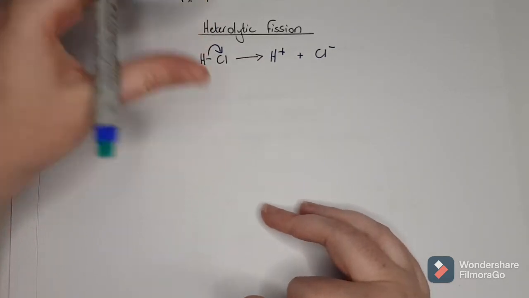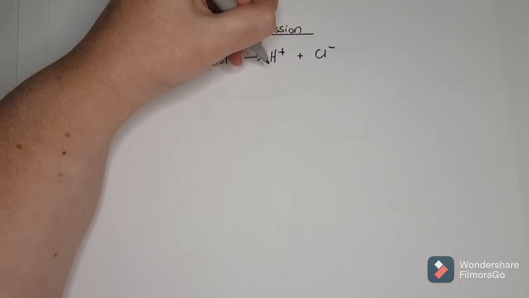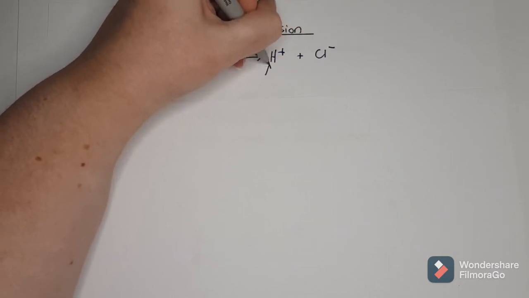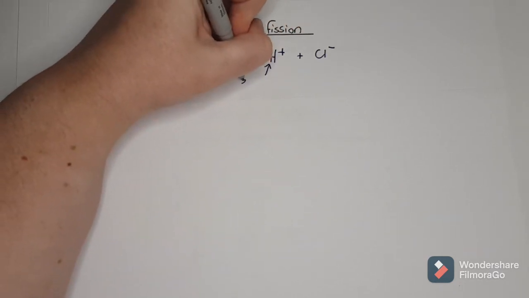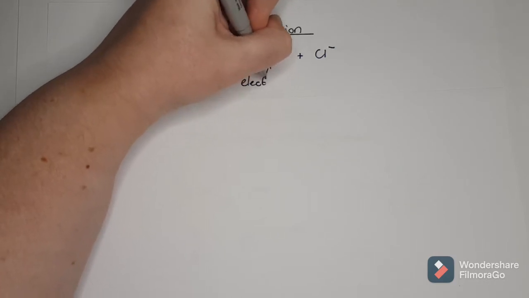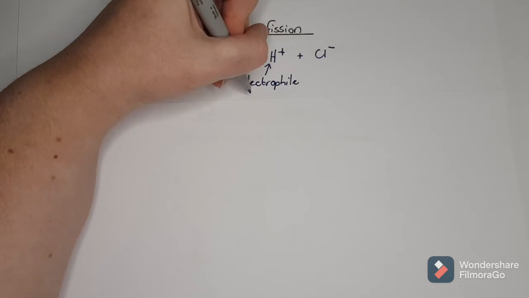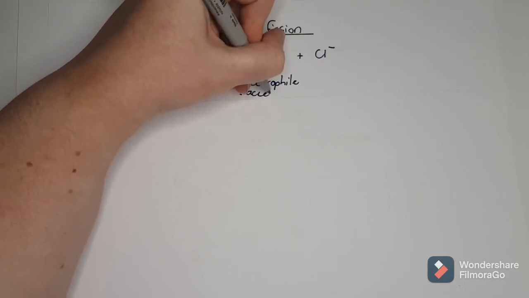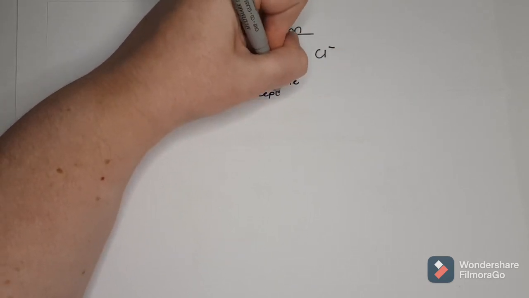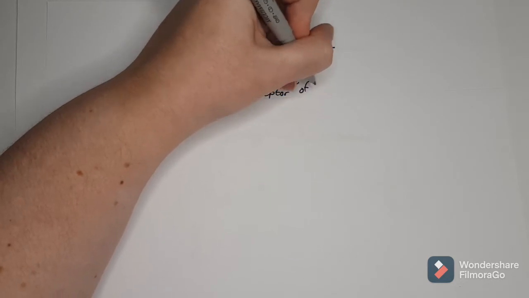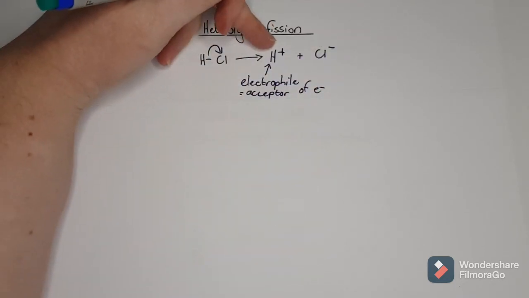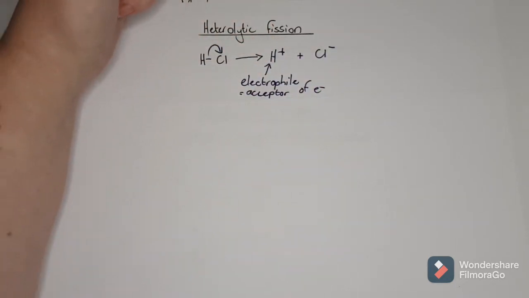So what that means is the hydrogen is now positive and it's lacking electrons, so it becomes what we call an electrophile because it is an acceptor of electrons. Because it's positive, so it needs the electrons to be whole.